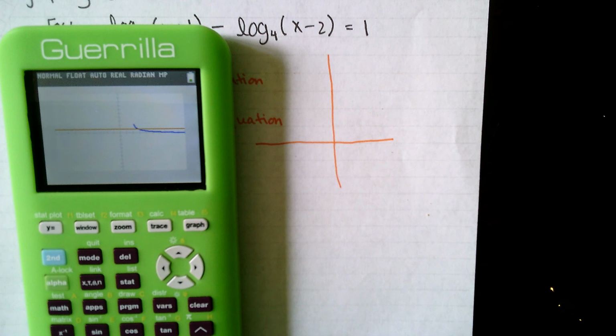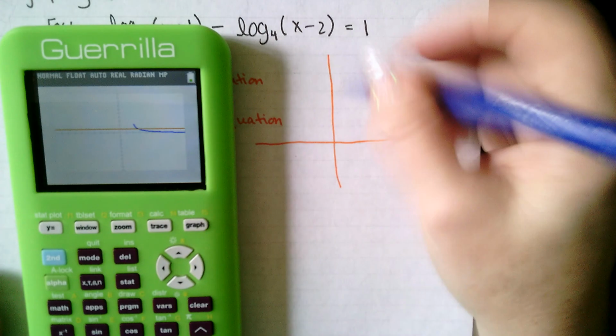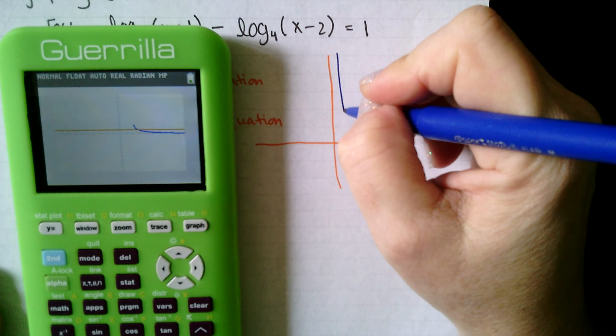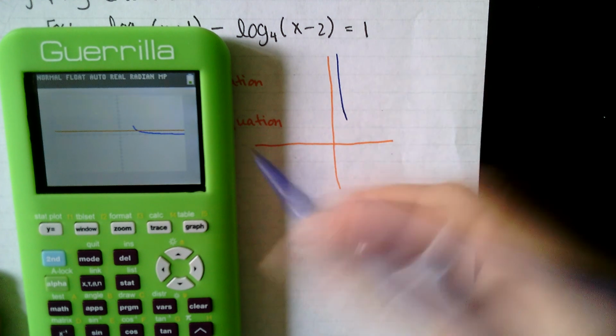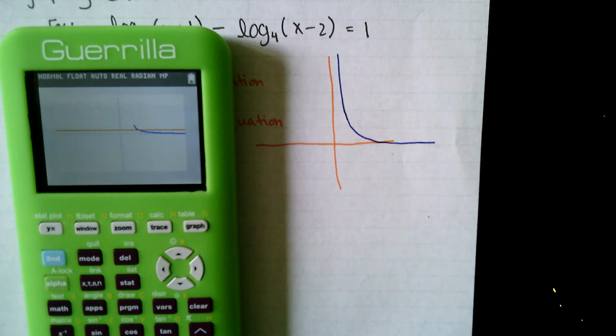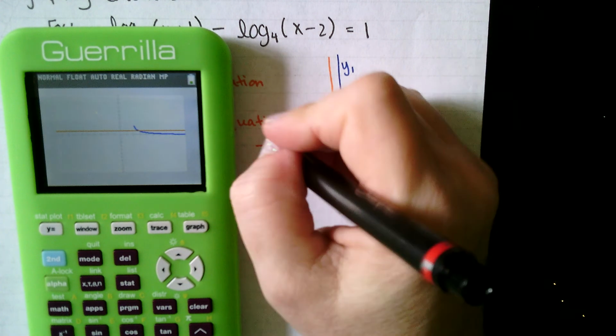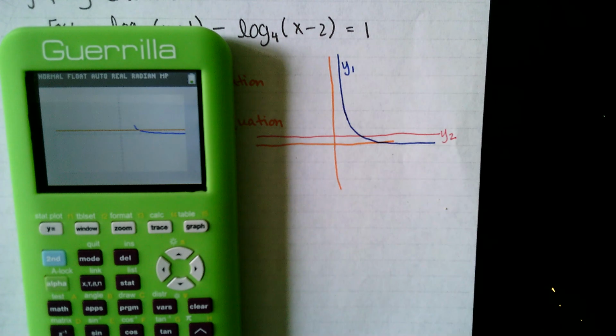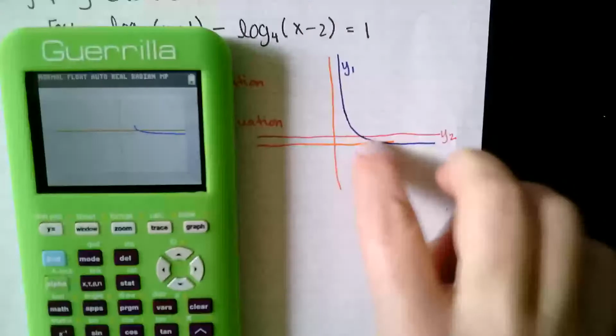But we know, based on what we've studied so far, that this graph actually does continue going in the up direction. So when I graph this on my paper, I know it's kind of continuing on like that. This is my y1. It was blue in my graph. And my y2 was red, and it's just a horizontal line, y equals 1. And for my solution, what I'm looking for is this ordered pair right here.